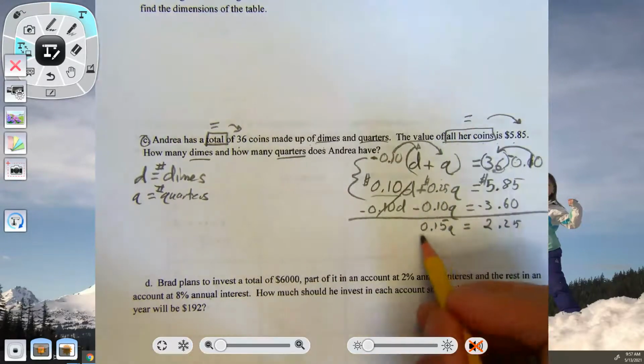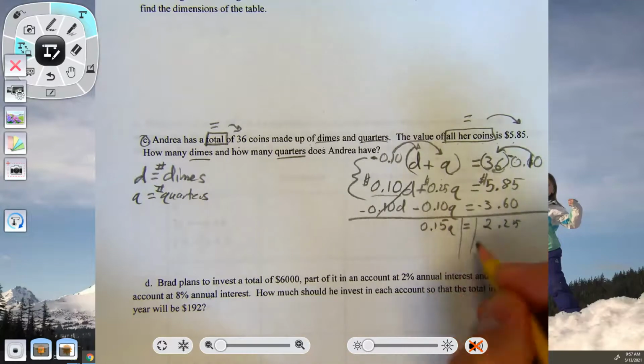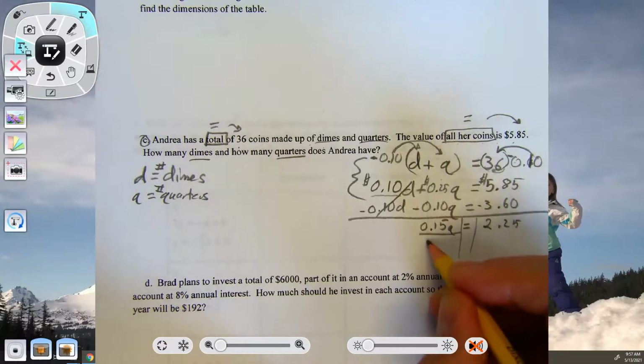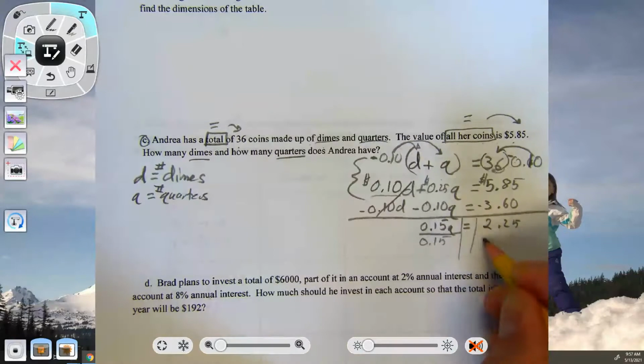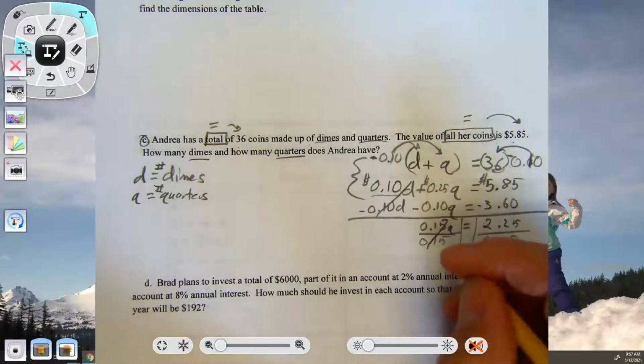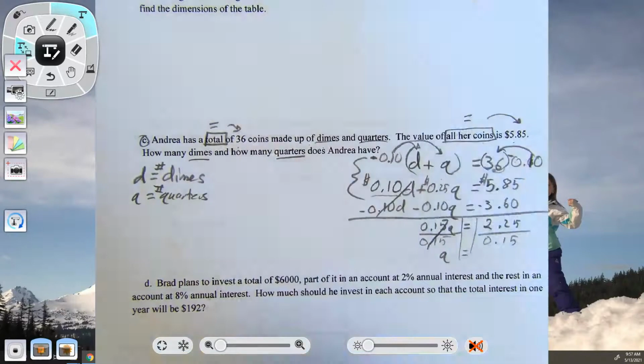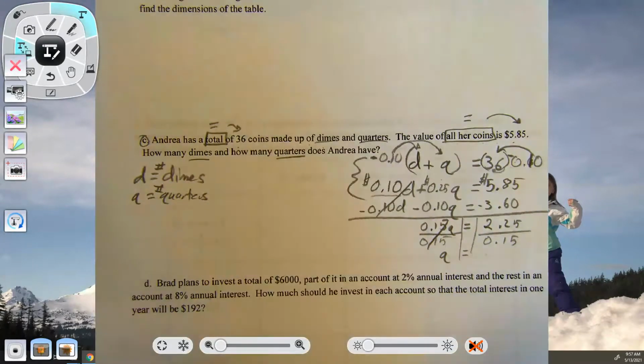And now all I have to do is on my train tracks, divide by 0.15 on both sides. And I should have an answer for Q. So Q equals, let me get out my calculator, also known as my cell phone. 2.25 divided by 0.15 equals 15. So there are 15 quarters.